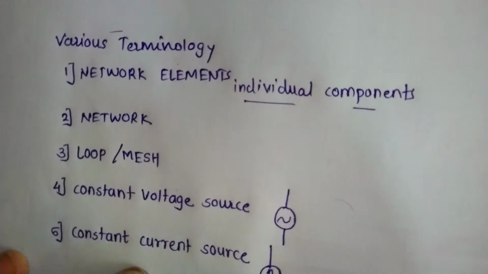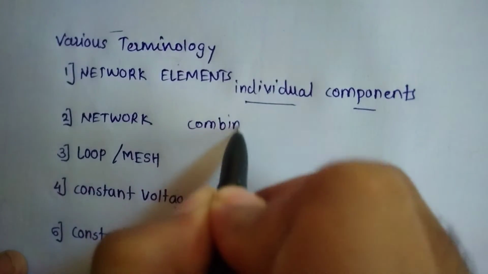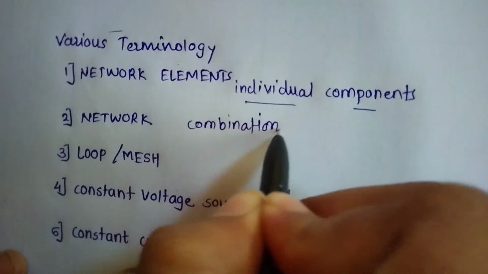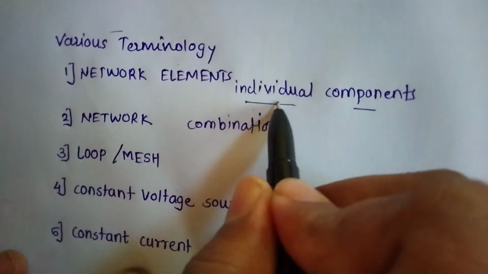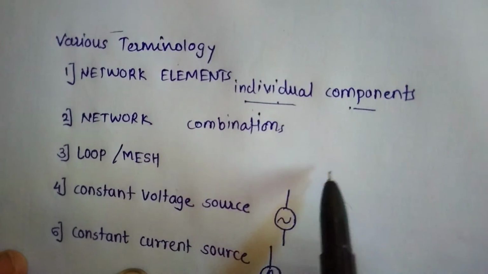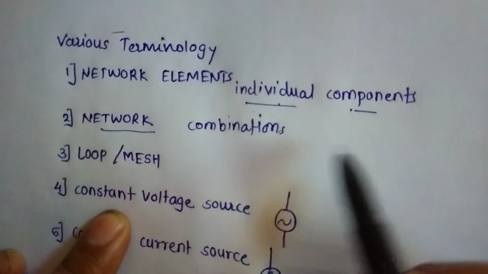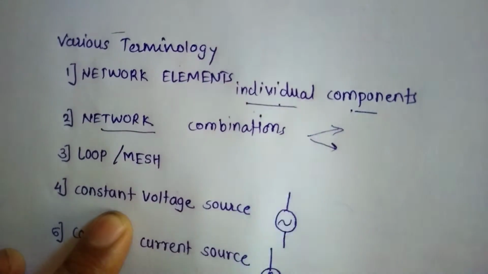Okay, so what is a network here? A network is just the combination of these individual components. The combination of various components forms the network.